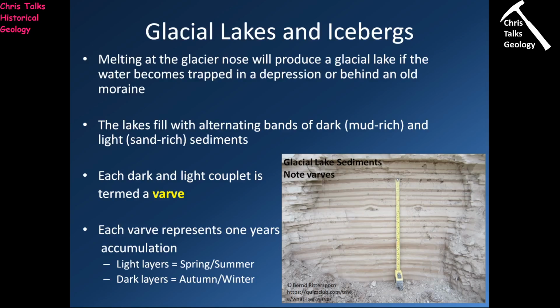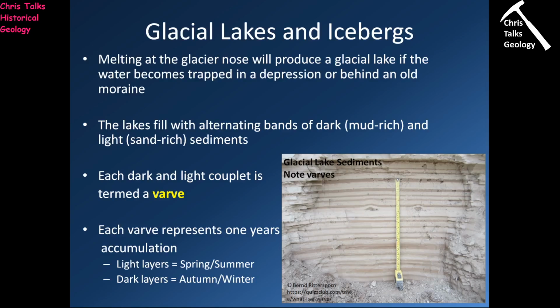Now, if you happen to form a glacial lake, you'll get a rather distinct sequence of sediments. If your glacial meltwater happens to get trapped behind some kind of barrier or in some kind of depression, the water will obviously build up, forming a lake. The interesting thing is that these lakes will get filled by alternating bands of dark and light sediments.